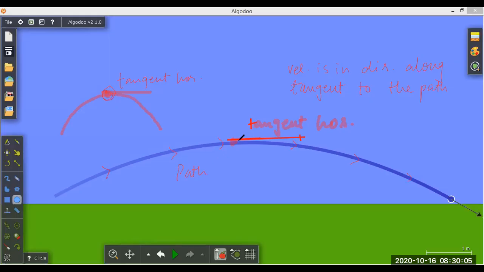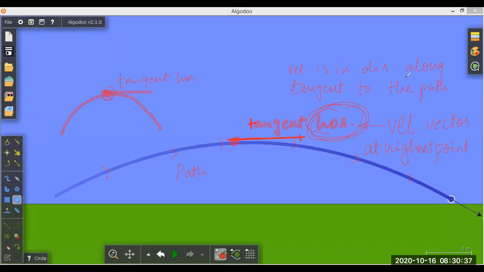So here, if we draw at the highest point a tangent to the path, then that tangent is horizontal. And because that tangent is horizontal, this velocity vector should also be horizontal. At which point? At the highest point.